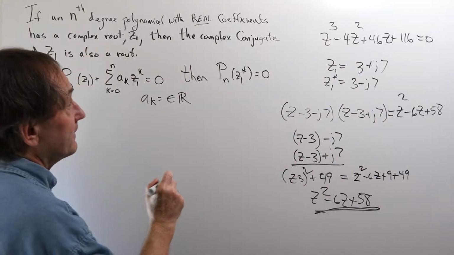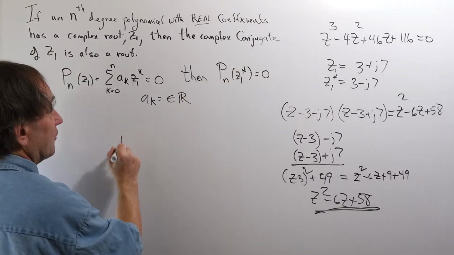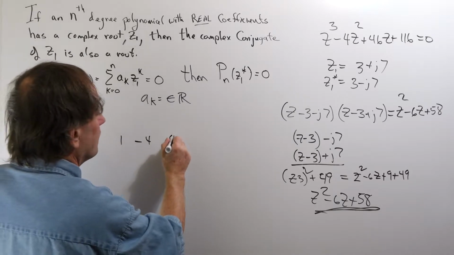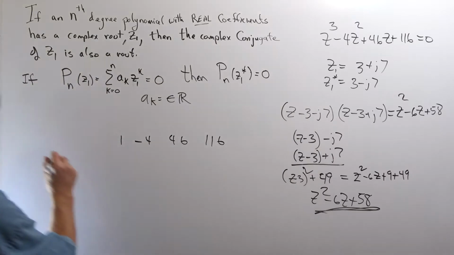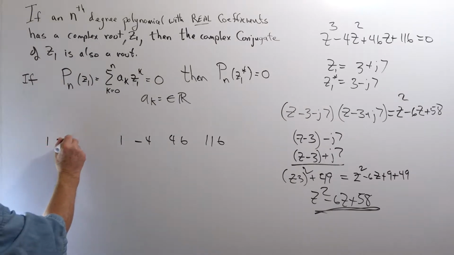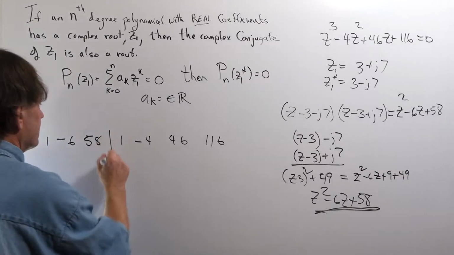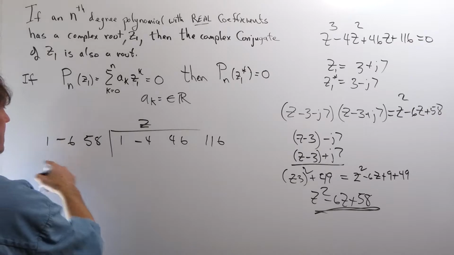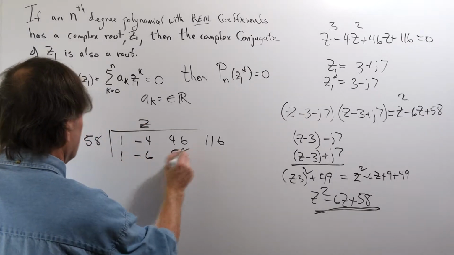Well, we can do that in this fashion. We can write the top equation synthetically. We have 1, minus 4, 46, 116. And then this equation, we have 1, minus 6 and 58. So first off, multiply by z. So we get 1, minus 6, 58.